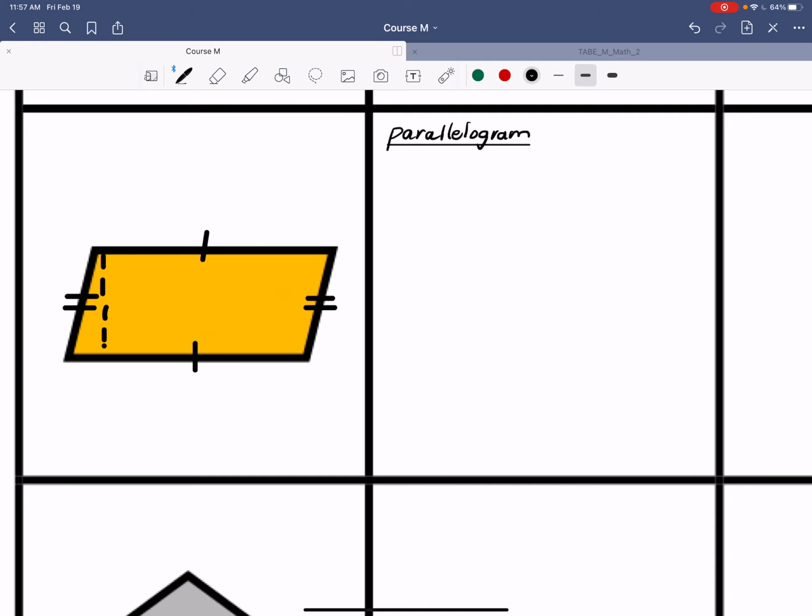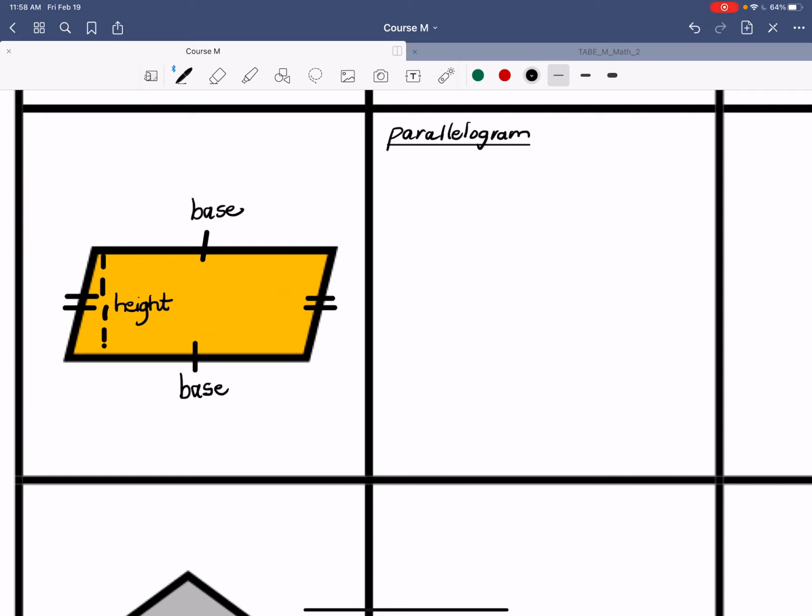So this would be the height. Sorry, my pen is too thick, or it's not thick enough. And so the height, this is called the base. This is also called the base. And that's sort of the anatomy of a parallelogram.